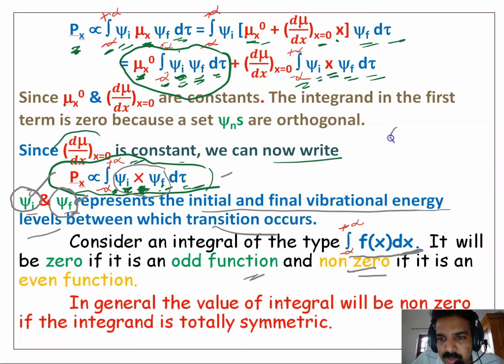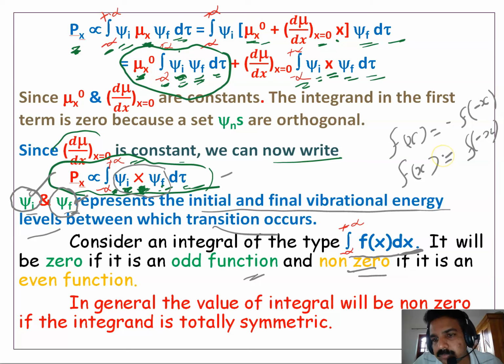An odd function means f(x) is equal to minus f(minus x), and an even function is f(x) equal to f(minus x). If f(x) and f(minus x) are equal, then it is called an even function. If f(x) is equal to minus f(minus x), it is called an odd function.